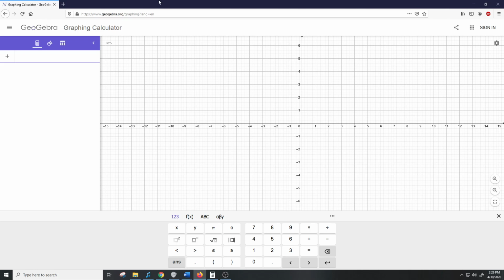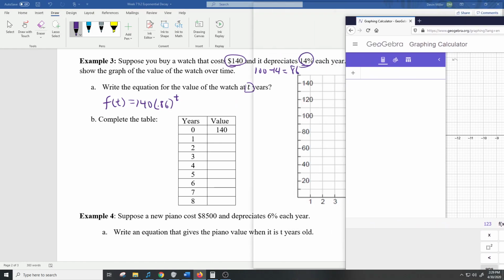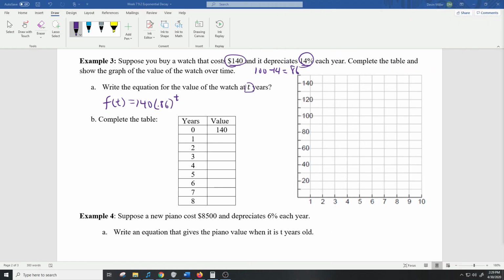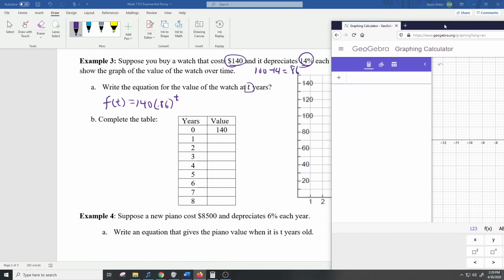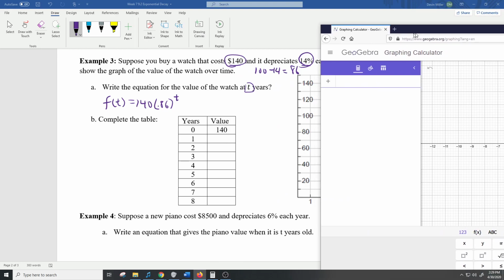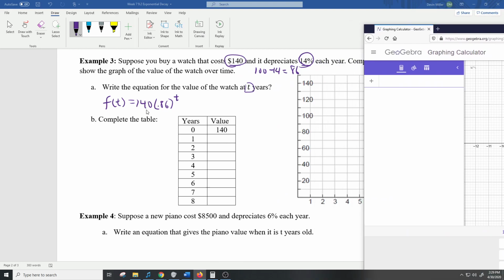So what we're going to do is plug in the equation over here that we wrote out. Now, I'm not going to type in f of t, but it does recognize y. So I'm going to hit y equals 140, and then I'm going to put the parenthesis set, 0.86.